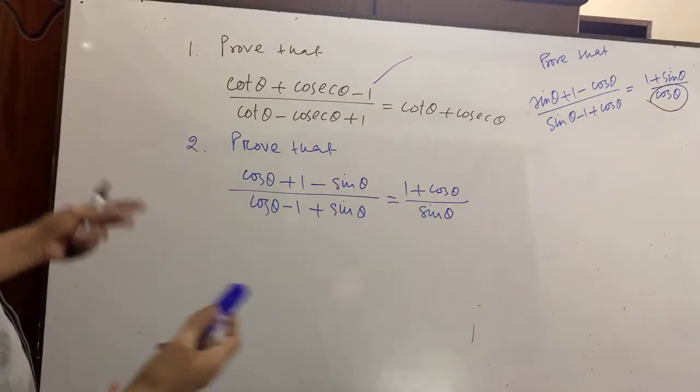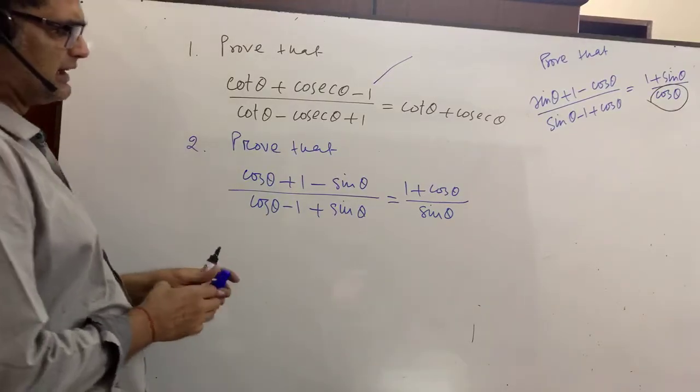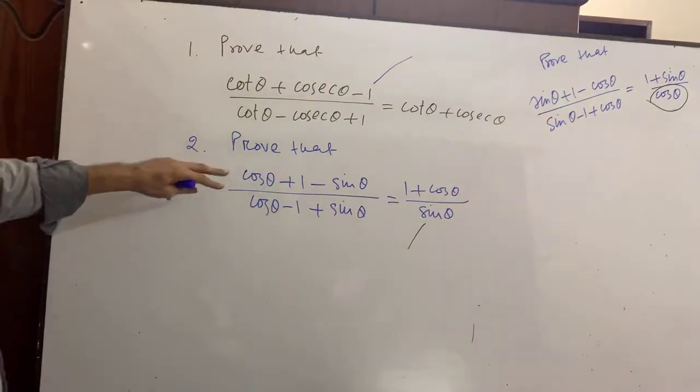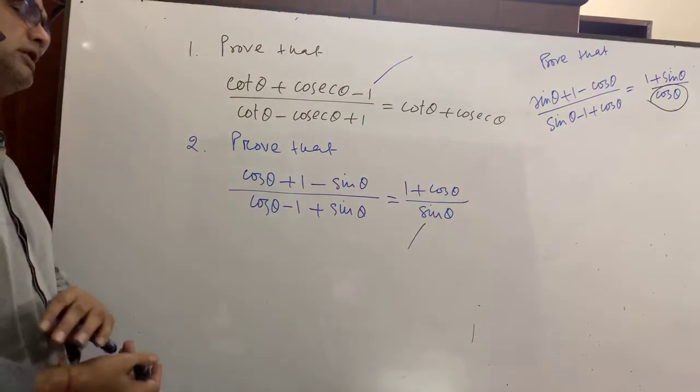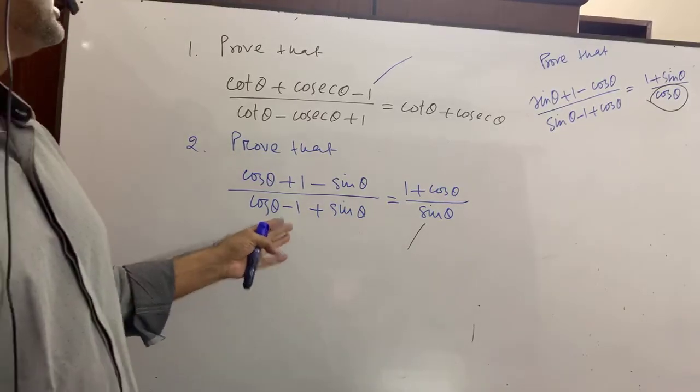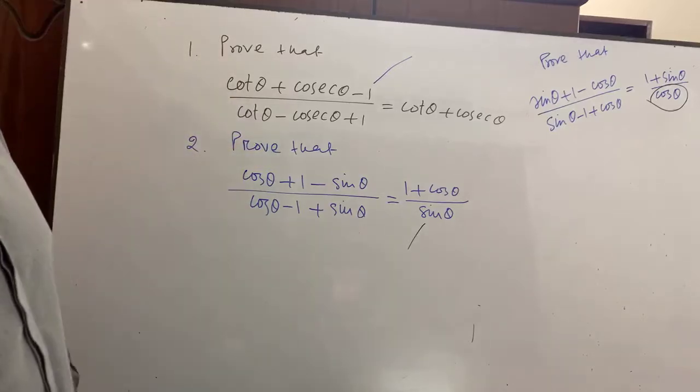Okay, what will you do? Here it is sin theta, you see, here it is sin theta. So you will divide all the terms of both the numerator and denominator by sin theta. Then you will get easily this cot theta. These two maths are almost the same.